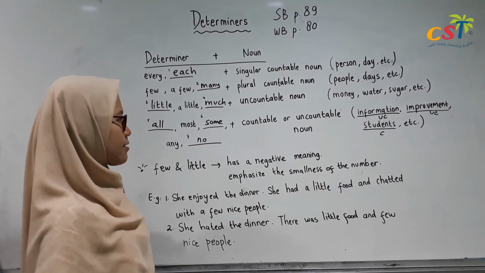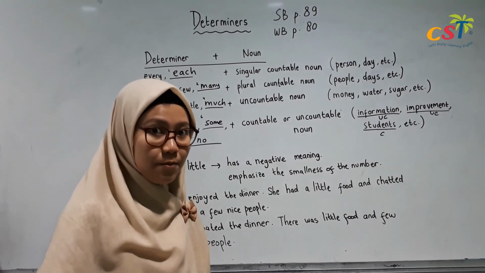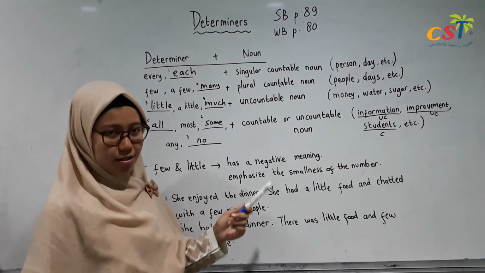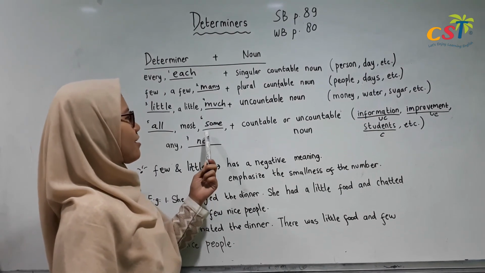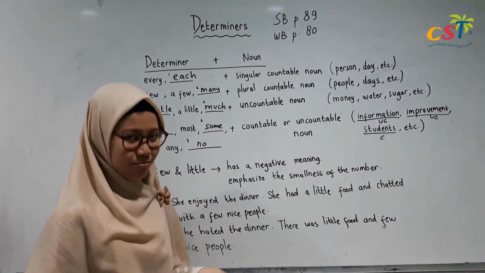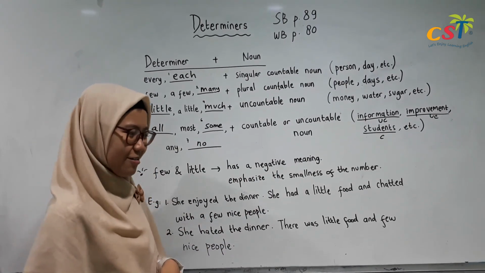You can say all improvement happened because we've been working hard. You can say most students don't go to school. And then some students stay at home. Actually, all students stay at home, right?